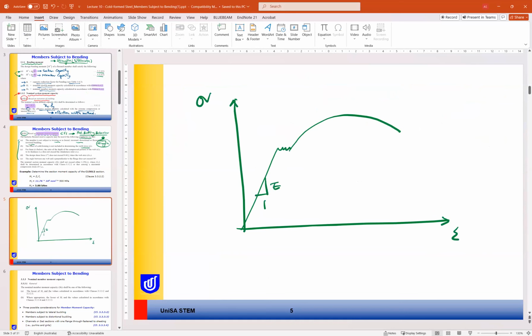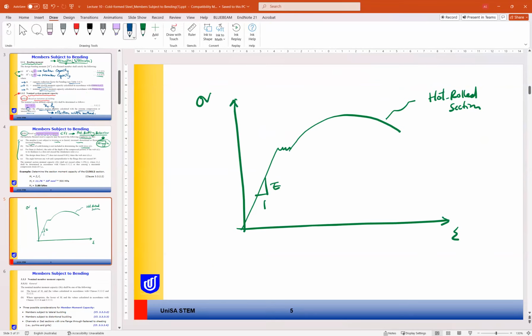The green one is for hot rolled section, so this is the normal one. After cold formation, we need to apply permanent deformation on the section.